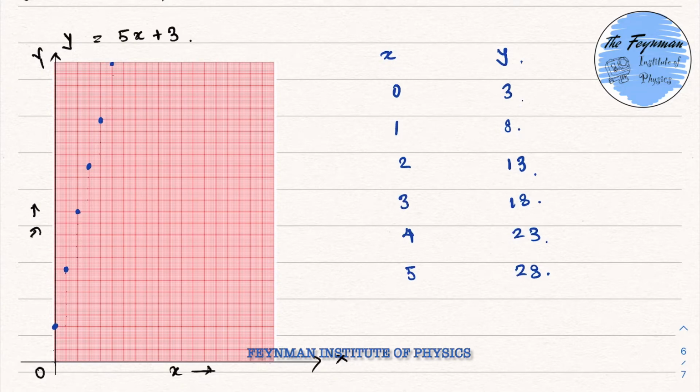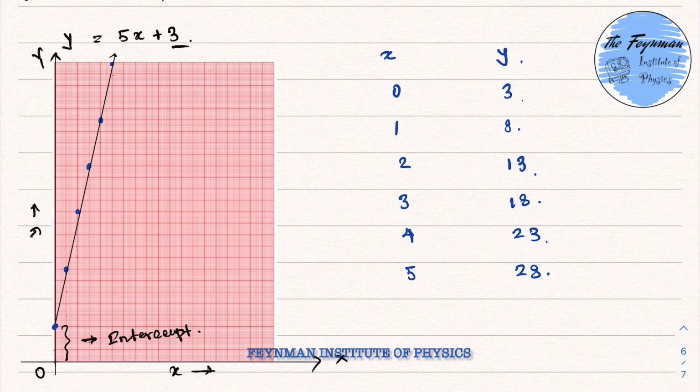If we connect these points, we will again find a straight line, but this time the straight line is not going through the origin. This is the constant part or the initial part, which actually represents the intercept of the straight line on the y-axis.